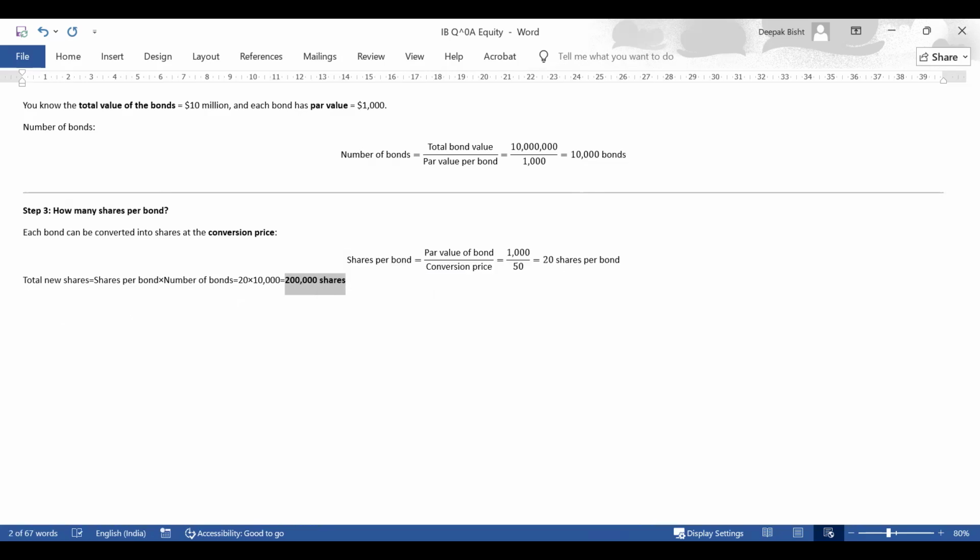But to get the basic shares, the company originally had 1 million shares, and the diluted number of shares outstanding will be 1 million plus 200,000.